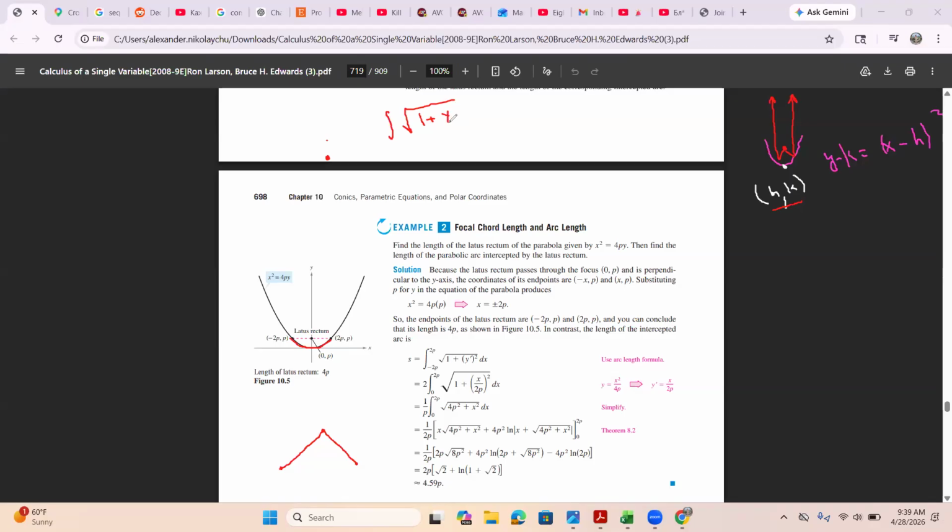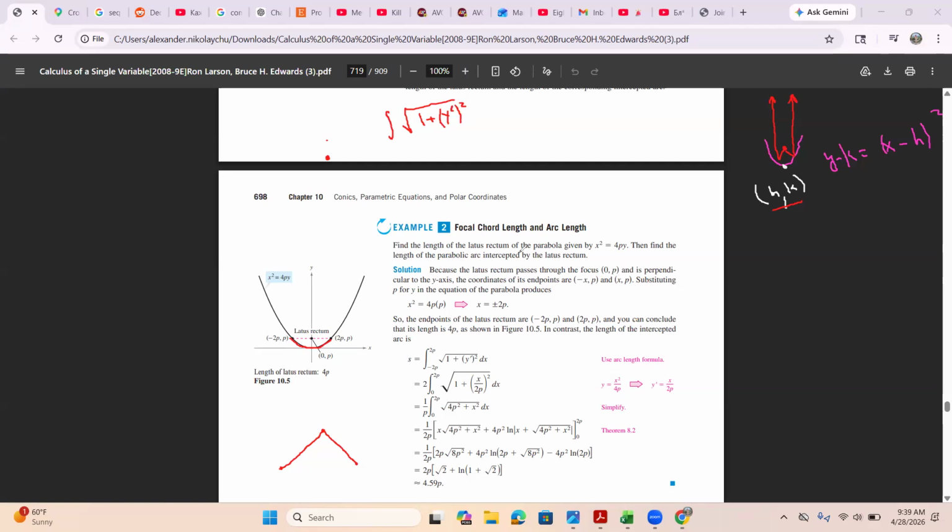But I recall what we already learned previously, and previously we had the formula for the arc length. If you remember, it was the derivative squared under the square root. So that's prime, that's the derivative.